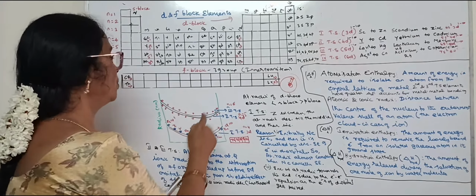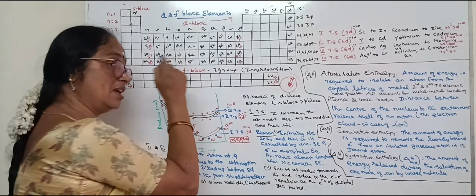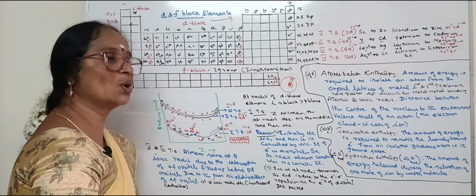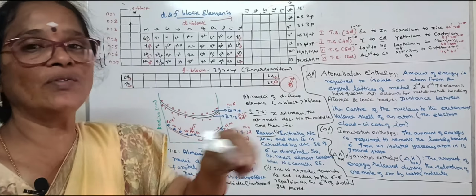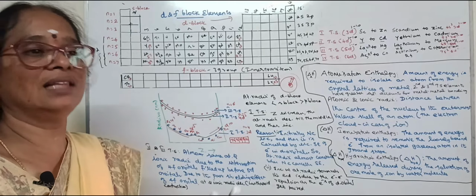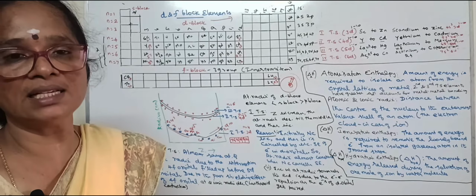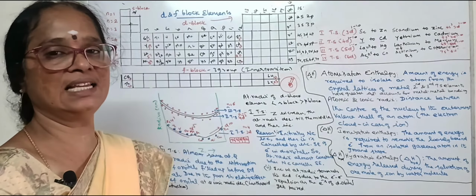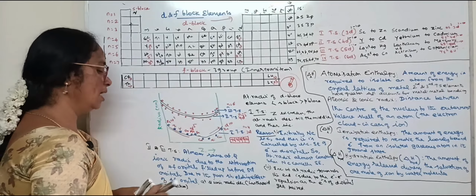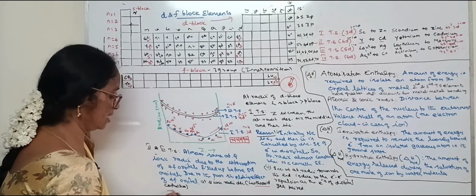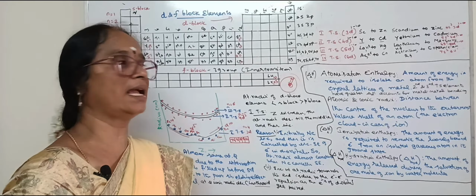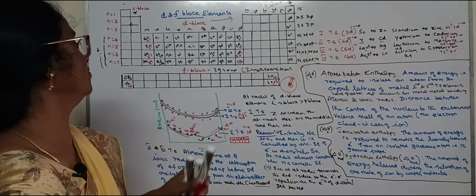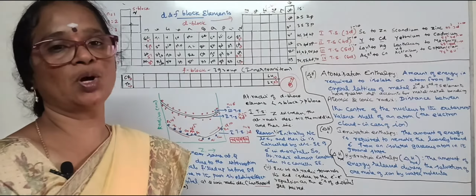So due to the poor shielding effect of f orbital, that also increases the nuclear force of attraction over the valence electron. Therefore there is a reduction in the size of the entire series of atoms, that is called lanthanide contraction. This lanthanide contraction we will discuss in detail when we take the topic f block elements.